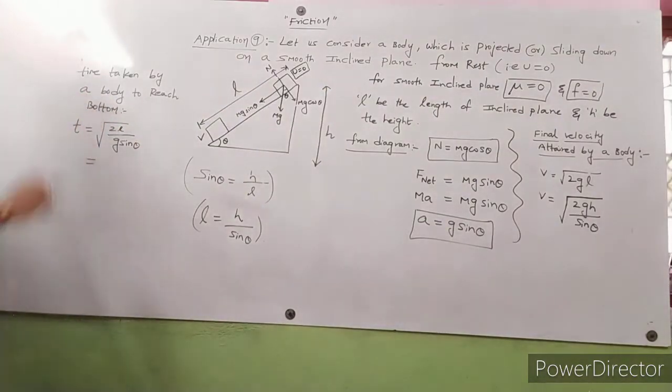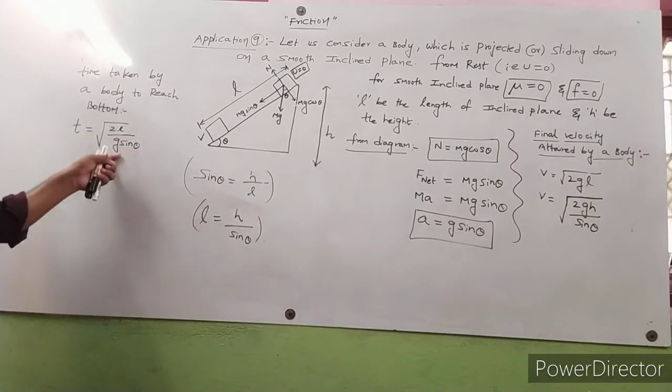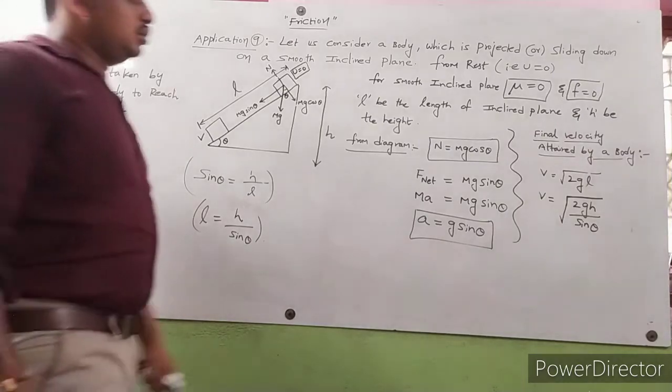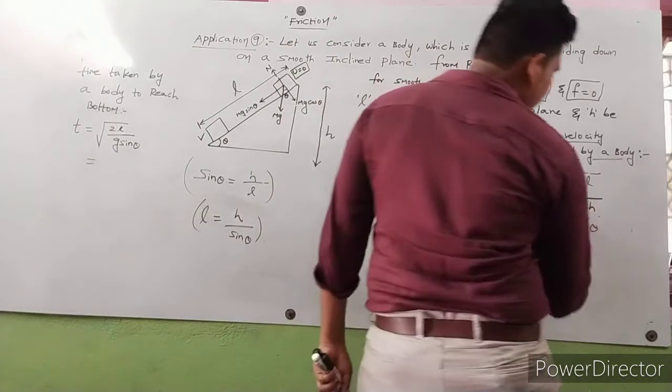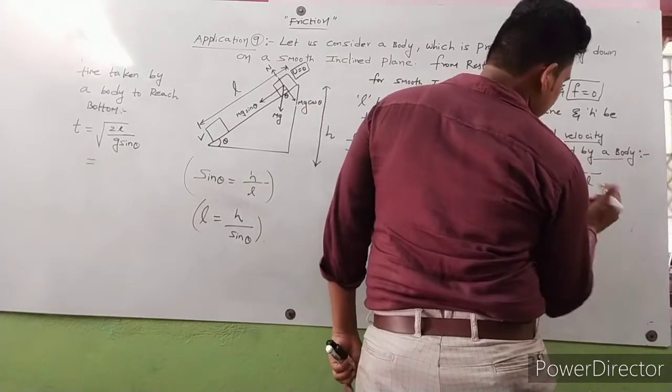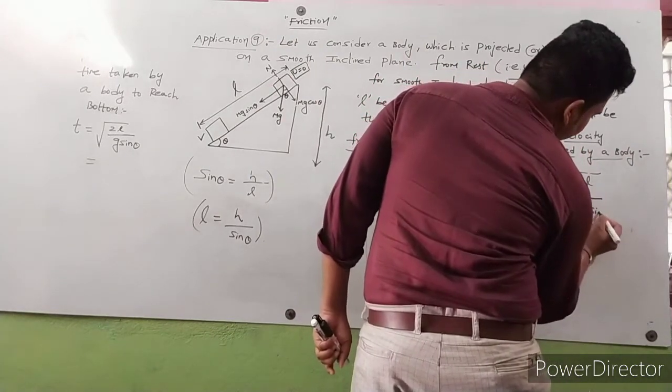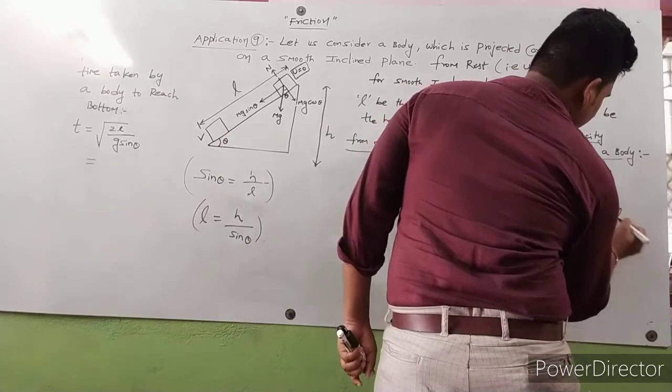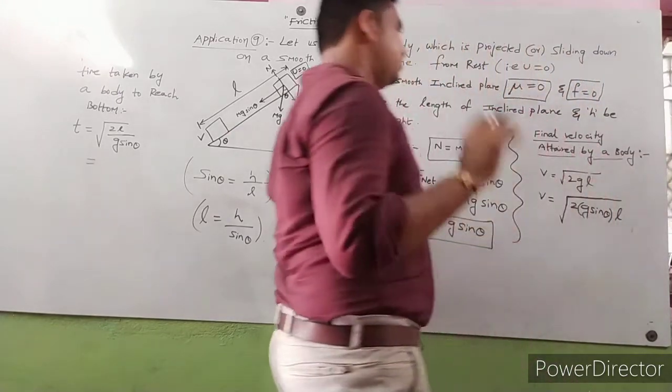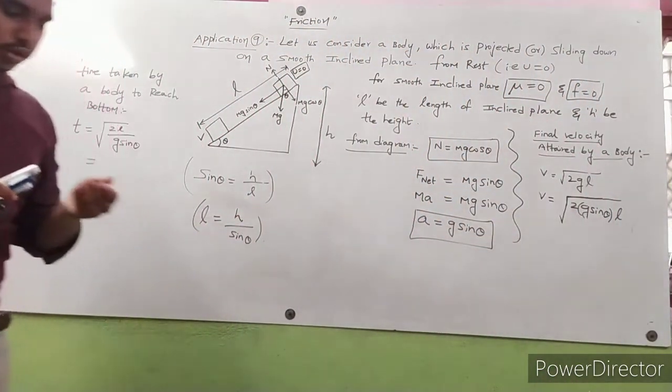Here h means L, and a means g sin theta. In 2h by g, instead of g we are taking g sin theta, so 2 by g sin theta into L. This is very, very important. Observe carefully. Don't be confused.